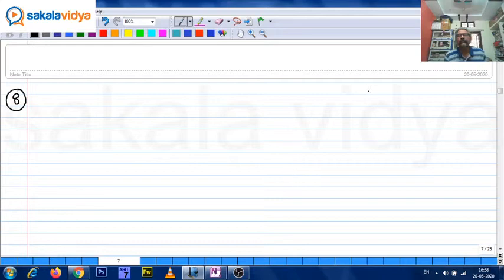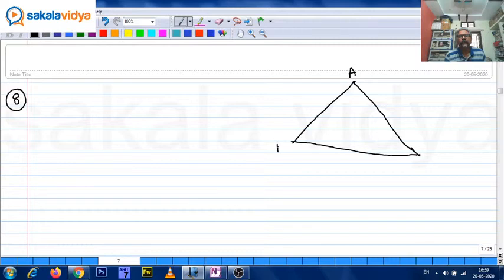Suppose in triangle ABC, the vertex A is (x1, y1, z1), and the vertex B is (x2, y2, z2).